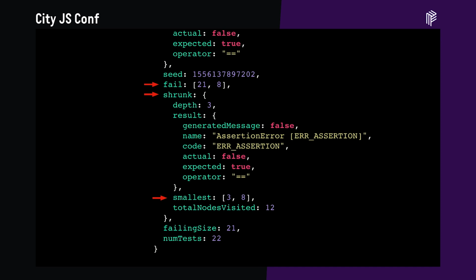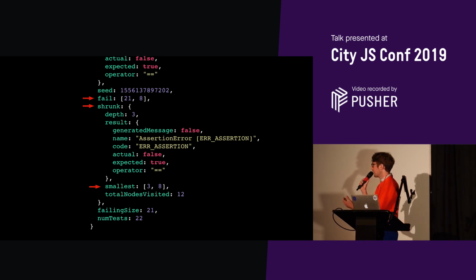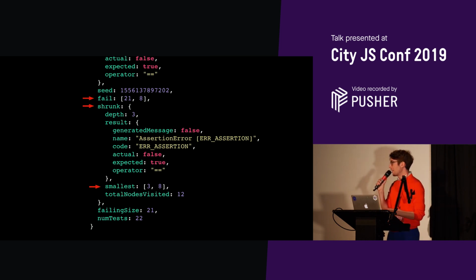What it then did, using this shrinking technique, is it tried various inputs to try and work out what the smallest input it could give the function was, which would cause the function to still fail. Then it worked out that anything lower than 3 or 8 would fail. So 3 or 8 is the minimum input. And this is incredibly useful if you're trying to work out what the actual bug is in your code.